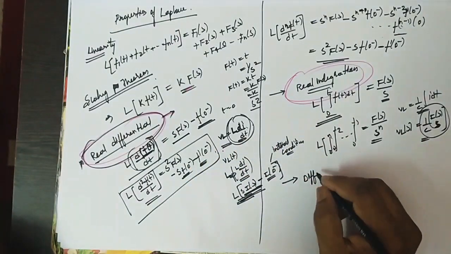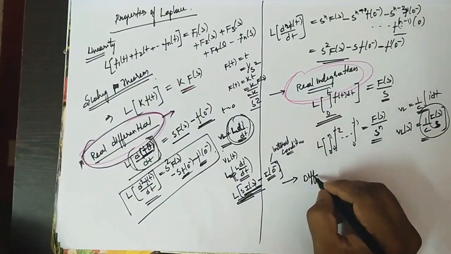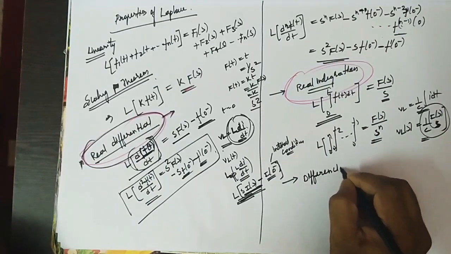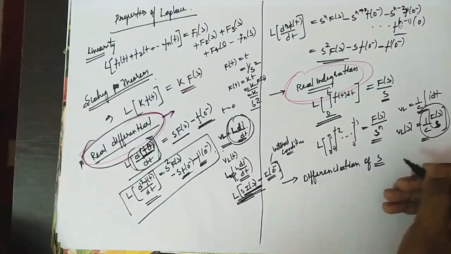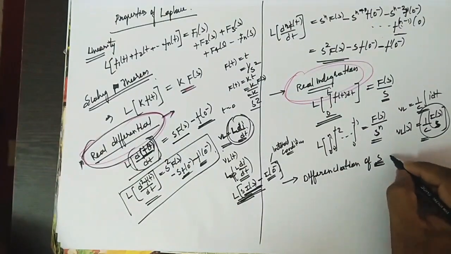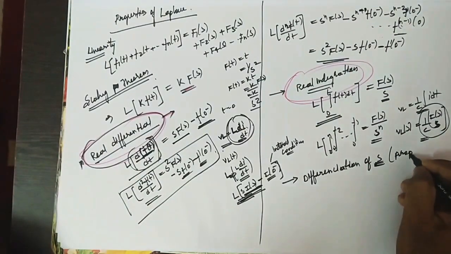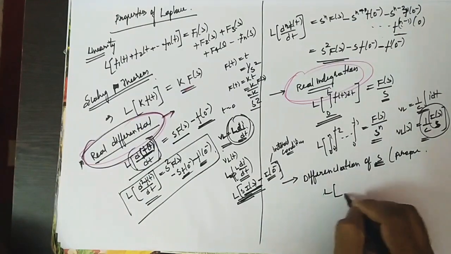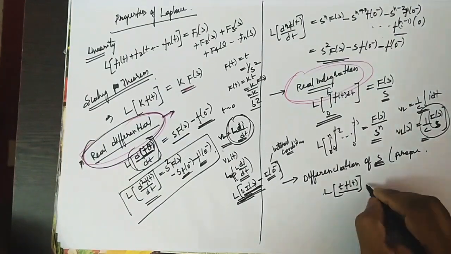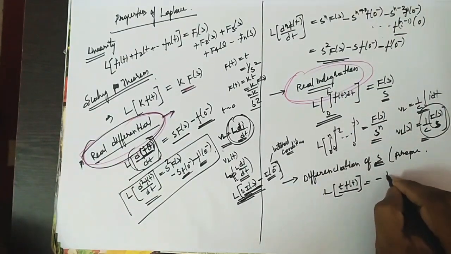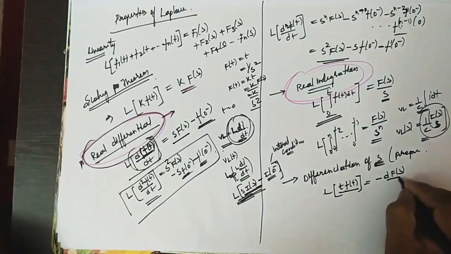Differentiation by s property. That means the Laplace of a function f of t multiplied with t is minus dF of s by ds.